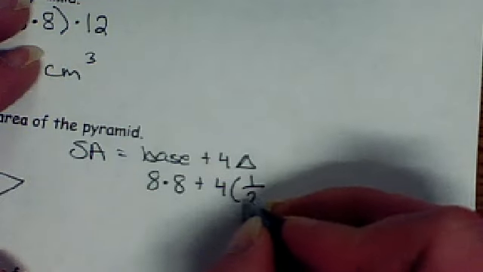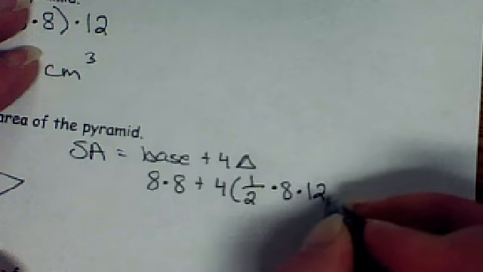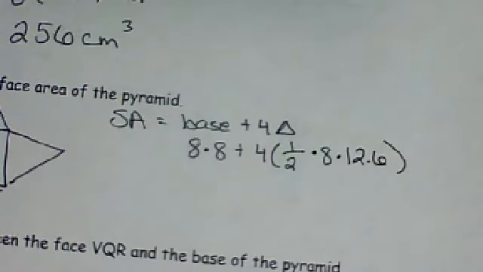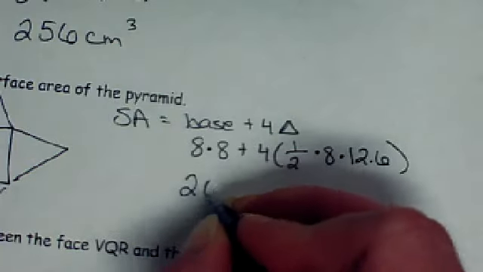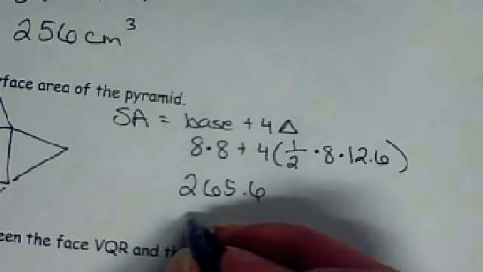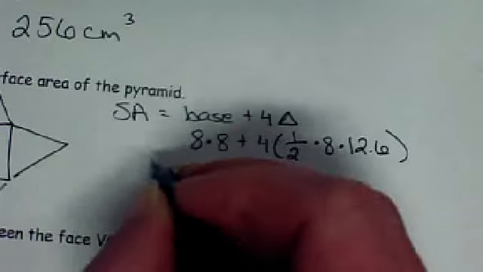So 1/2, base is 8, height is 12.6. I listed everything out. 8 times 8 plus 4 times 1/2 times 8 times 12.6. And I got 265.6, which would be 266 centimeters squared.